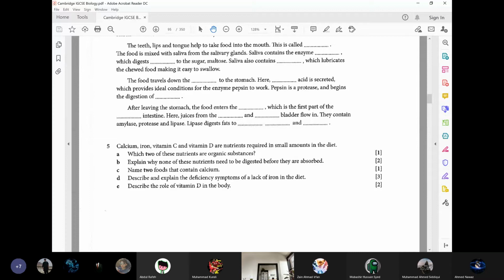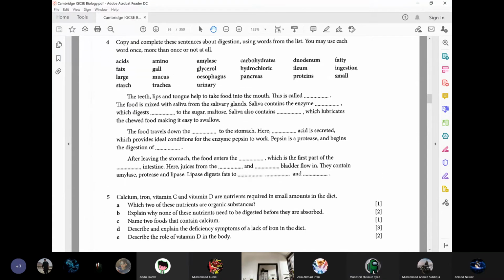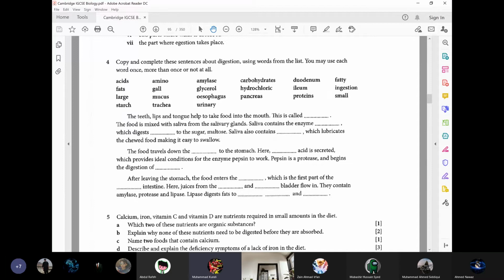Proteins. Very good. After leaving the stomach, the food enters the dash, the duodenum, which is the first part of the small intestine.